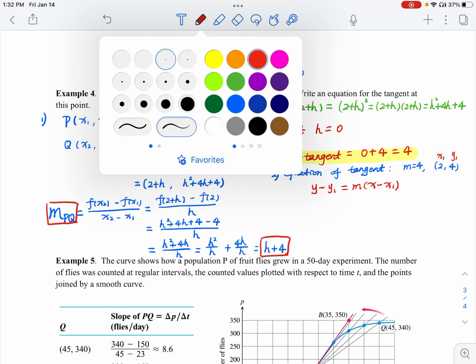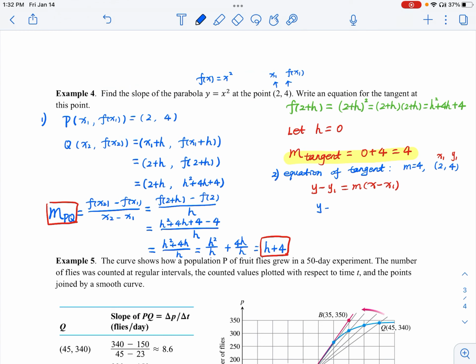Let's plug in. y minus 4 equal to 4 times x minus 2. Simplify. y minus 4 is equal to 4x minus 8. We can add 4 to both sides. That's y equal to 4x minus 4, which is our equation of the tangent line. That's the answer for the tangent.